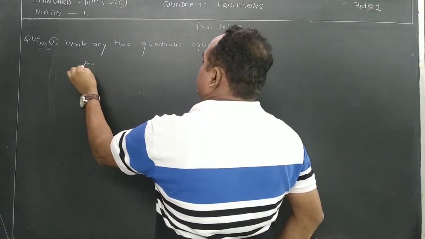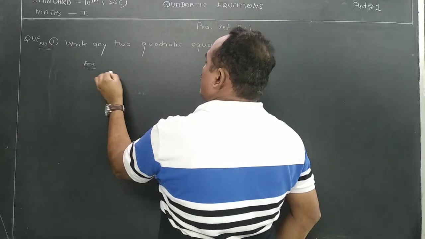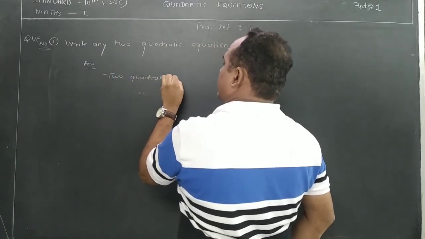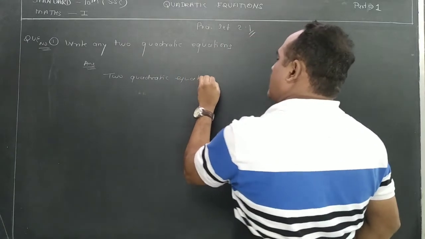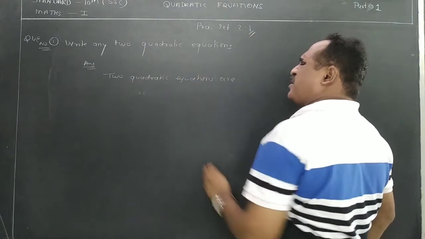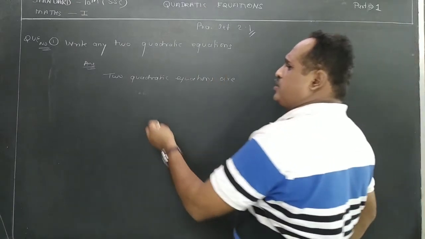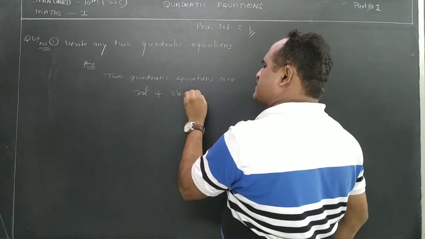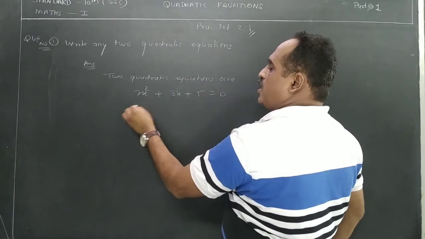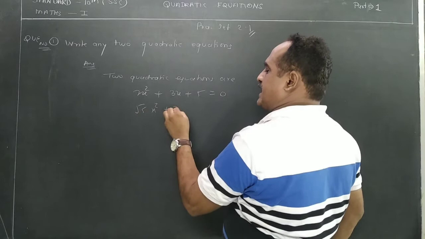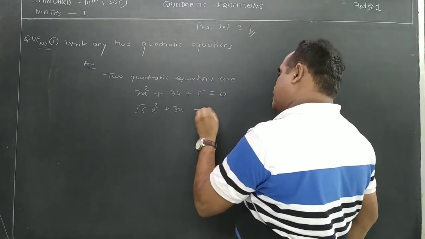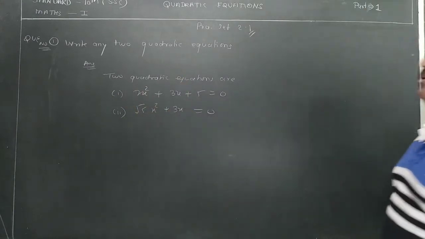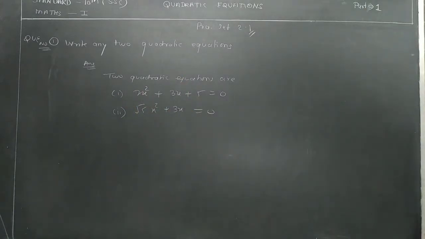Your answer is: two quadratic equations are, you can write your own, not necessarily what I have written, but it should follow general form of equation. 2x square plus 3x plus 5 is equal to 0, or root 5x square plus 3x is equal to 0 will also be okay. These are the two examples of quadratic equation. Comment on this.